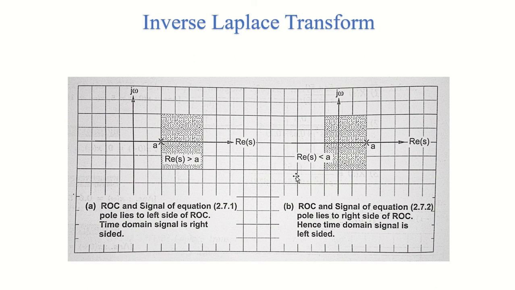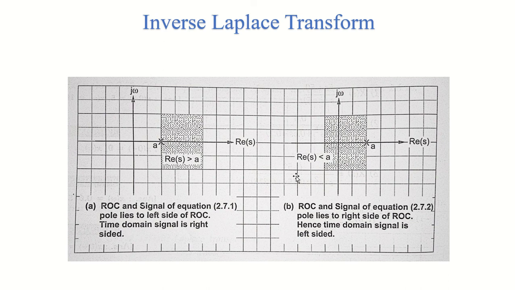And in the same way, if your ROC is totally left sided, then the time domain signals due to all the poles will also be left sided. So whenever you find the Laplace transform of anything, keep these things in mind. These things can help you find the Laplace transform very easily and identify whether it is a Laplace or inverse Laplace transform.